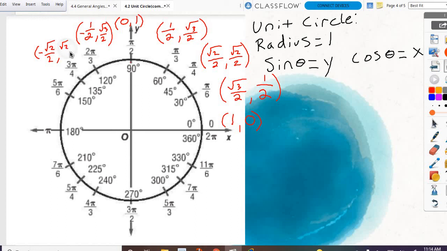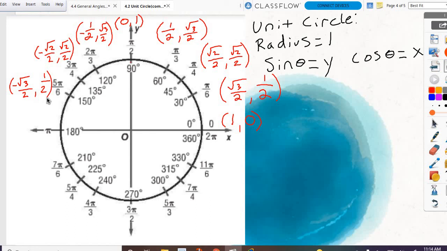The only difference is my first one is negative. And then lastly, for 5 pi over 6, what would its coordinates be? Negative square root of 3 over 2, comma 1/2.